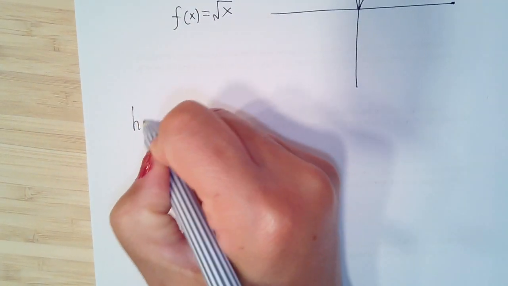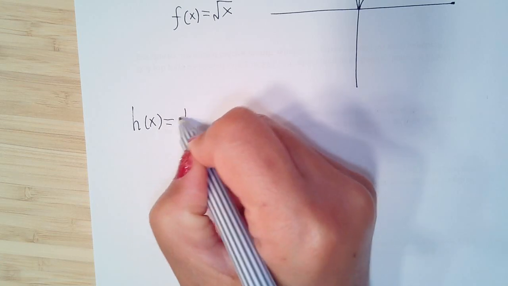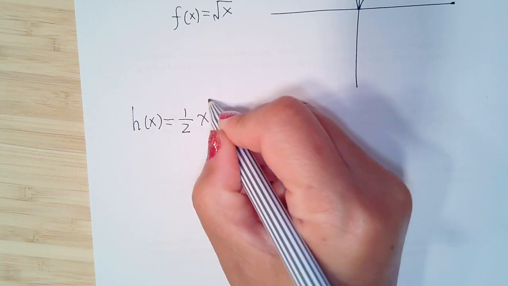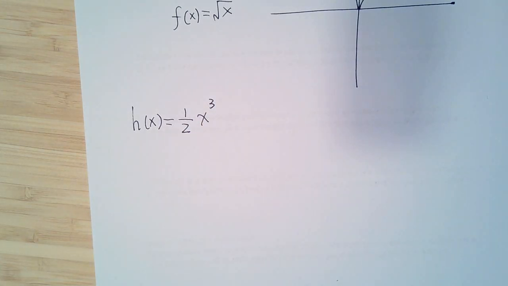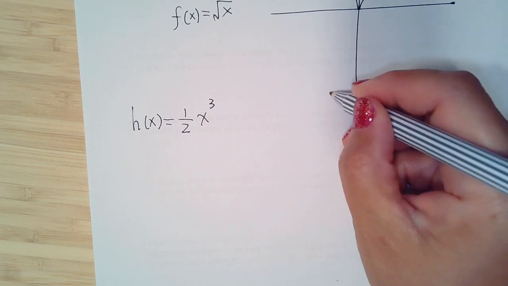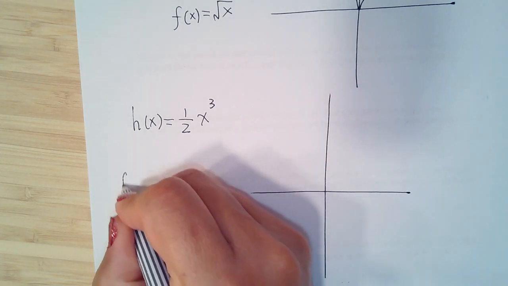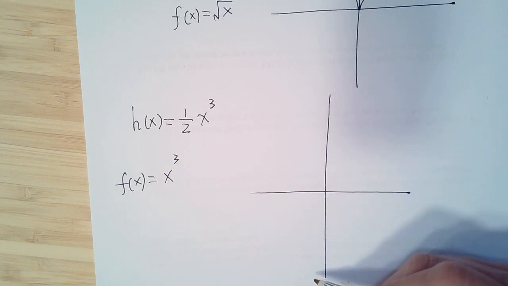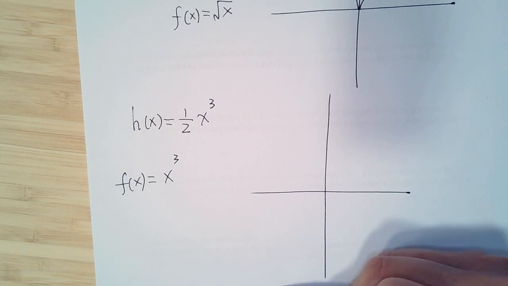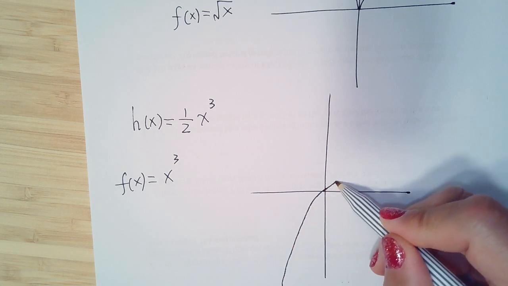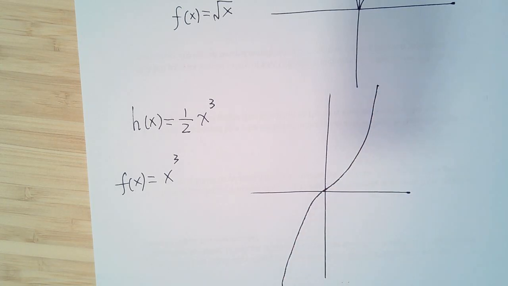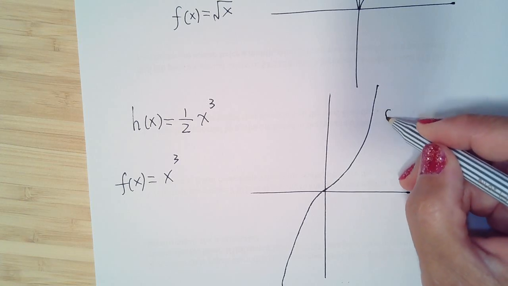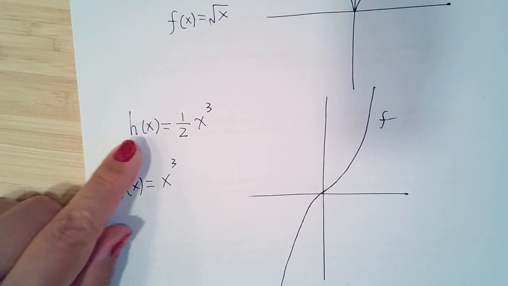More. I ask you to graph h of x is 1/2 times x to the third. I tell you this: the parent function is just x to the third. It looks like this. That's my f. What about h? H is 1/2 of it.